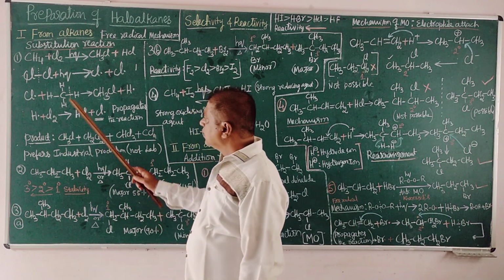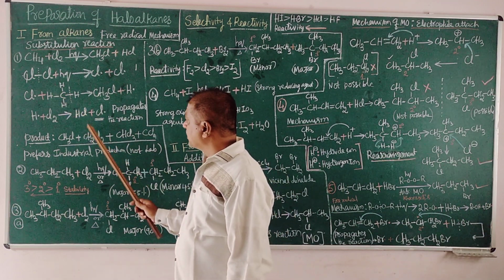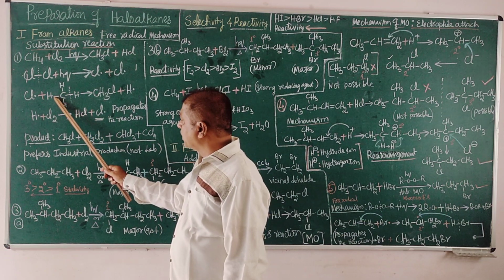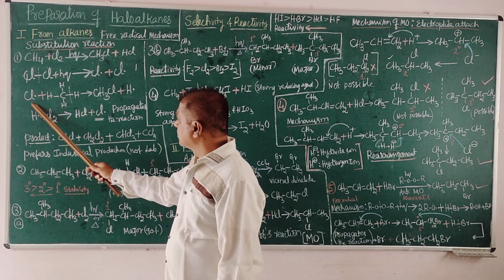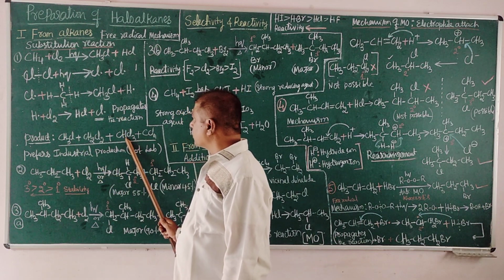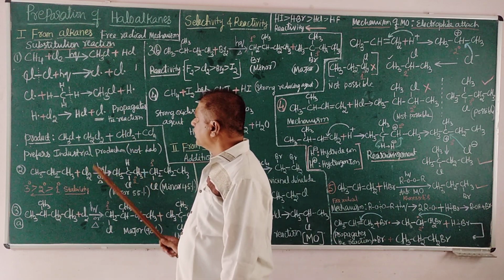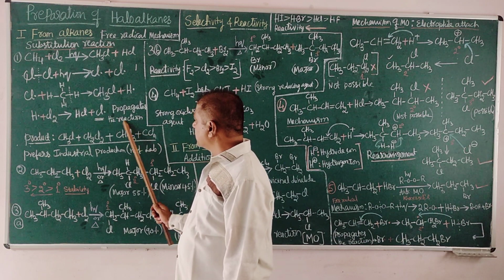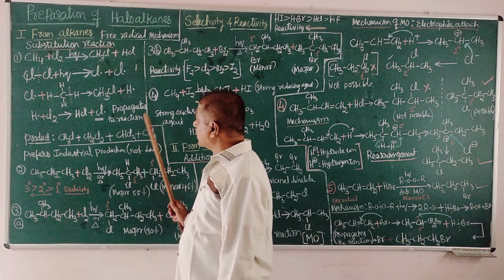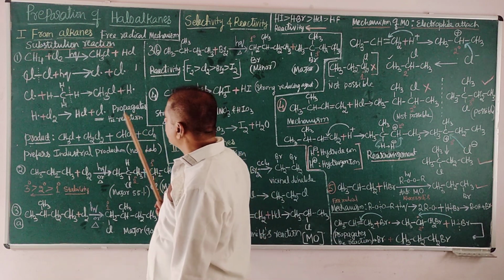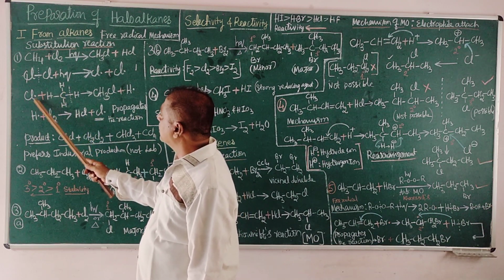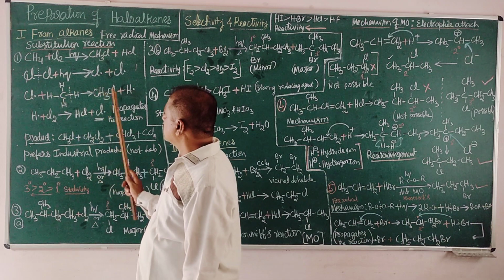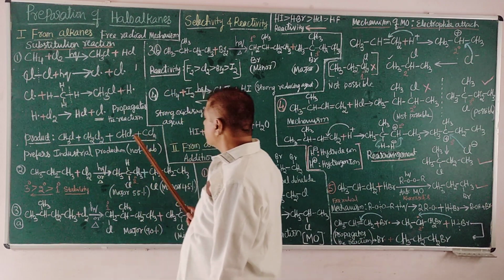And again, another hydrogen can be acted upon by the chlorine radical, forming CHCl3. Finally, in this compound, the last bond is also acted upon by the chlorine radical in the same fashion, forming CCl4.